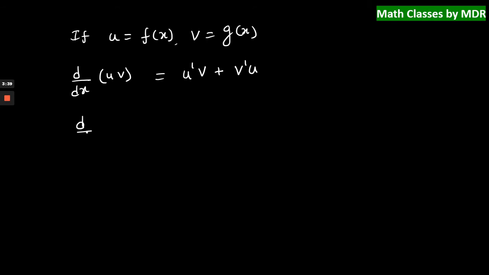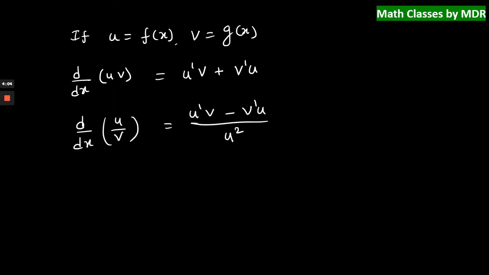Similarly, d by dx of u by v can be written as u prime v minus v prime u by v square. These are known as the product and quotient rules. So mainly we are going to use these basic operations and the first principle.